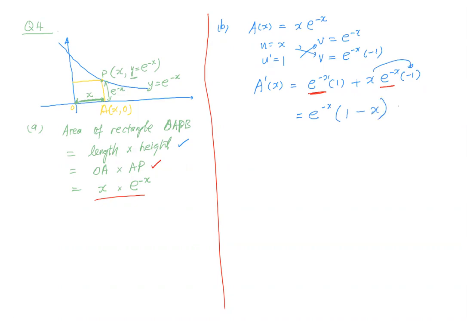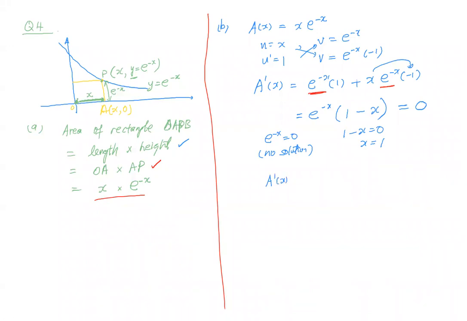So you equate equal to 0. e to the power negative x equal to 0, no solution. 1 minus x equal to 0, so x equal to 1. So they say, find the coordinates of P. Before I get the y coordinate, I will prove that it is a maximum.